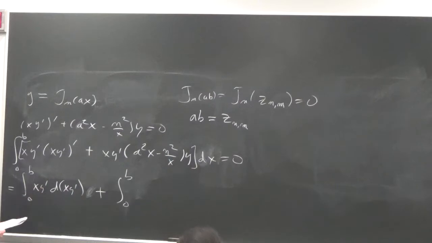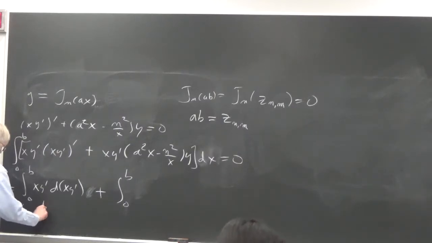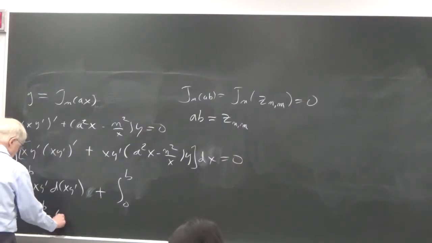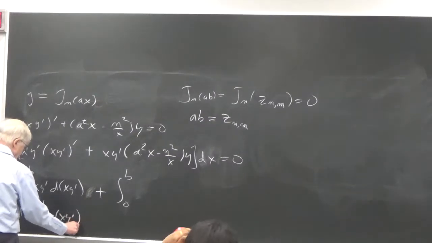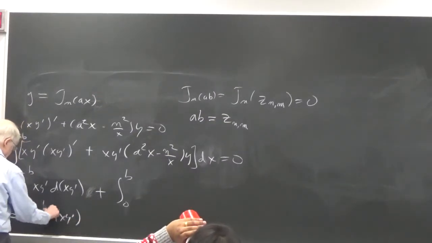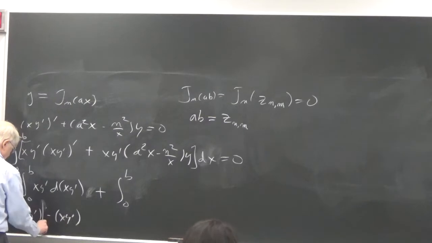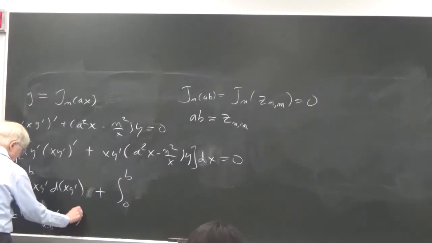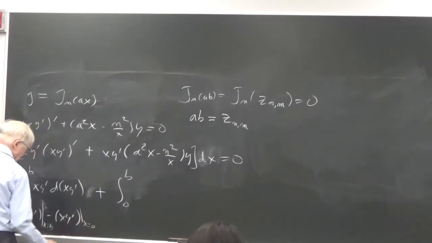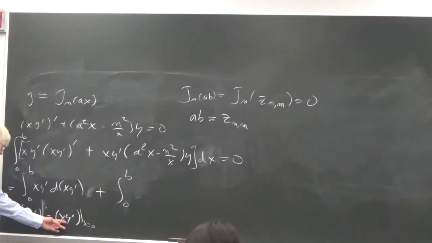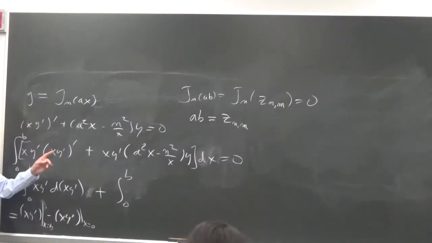But in any event, one sees that this first part is just simply going to be xy prime at b minus xy prime at x equals 0. Well, this one is 0, and this is Jn prime at Znm.